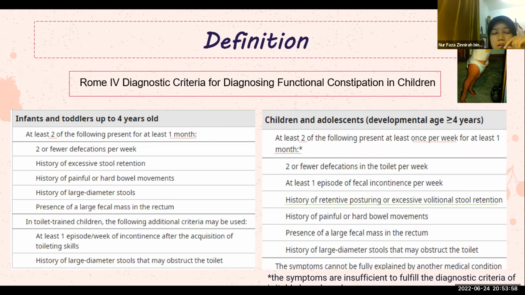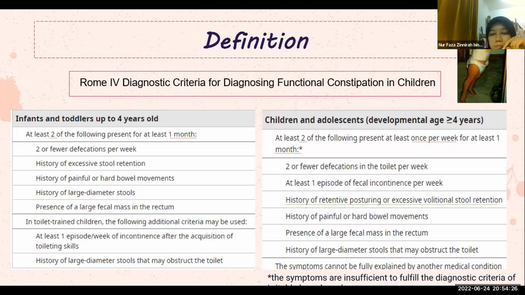And then in children with a developmental age of more than 4 years old, they need to have at least 2 of the following at least once per week for at least 1 month. The criteria are the same as for infants and toddlers below 4 years old, but with the addition of a history of retentive posturing or excessive volitional stool retention.